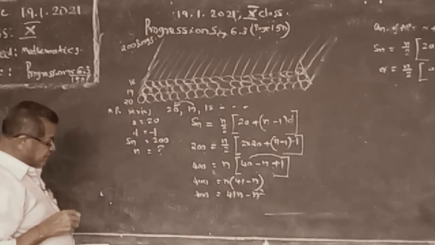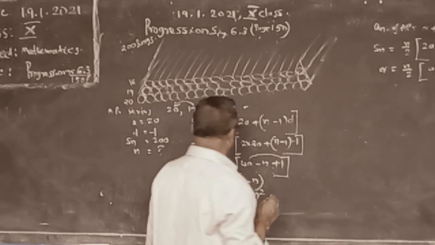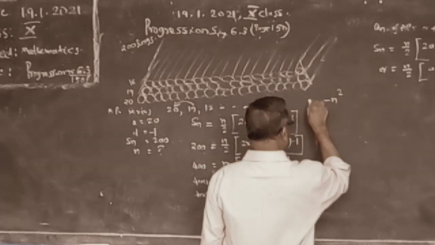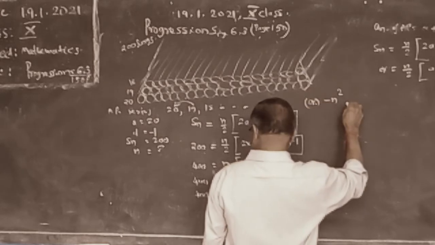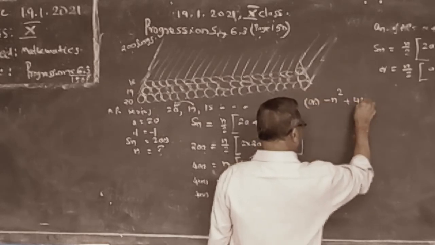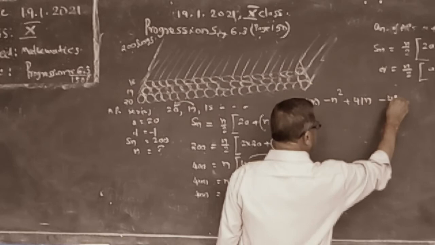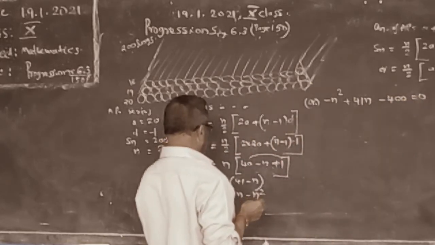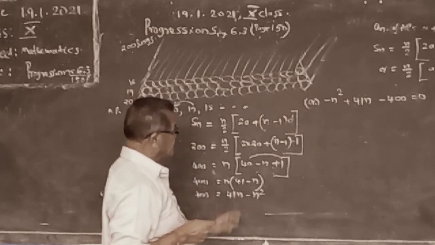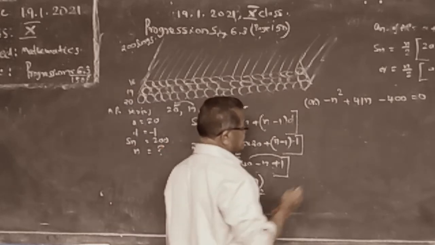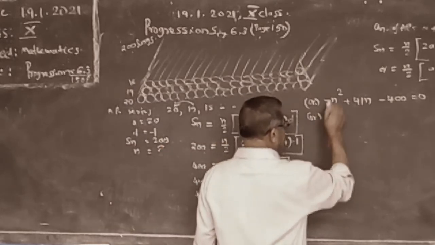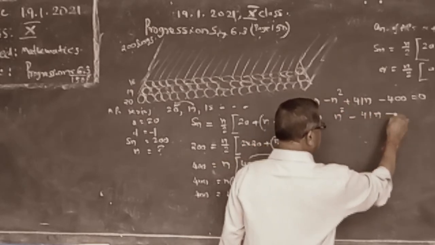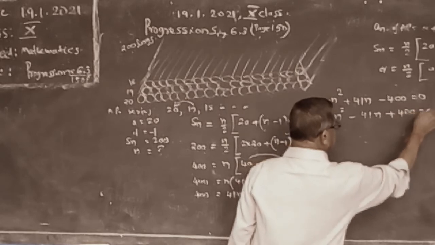We get a quadratic equation in n. Minus n squared plus 41n minus 400 is 0. Taking minus common, n squared minus 41n plus 400 is 0.